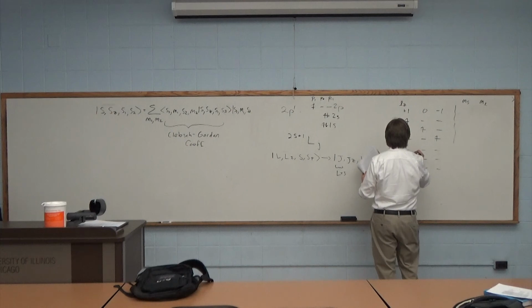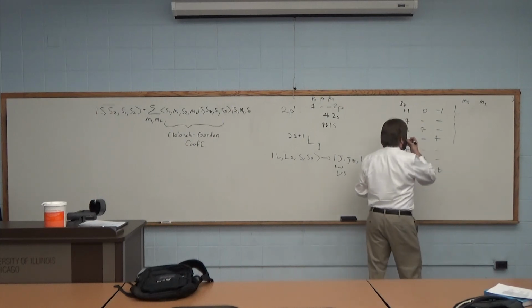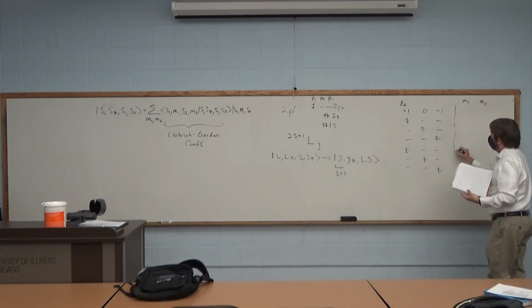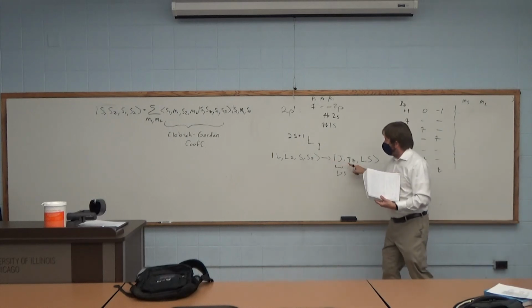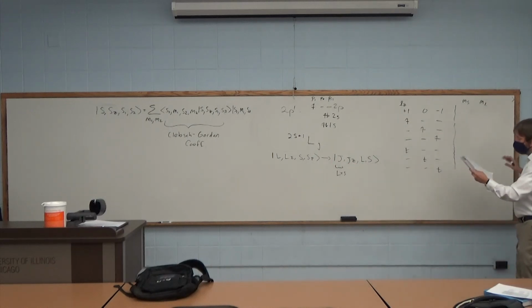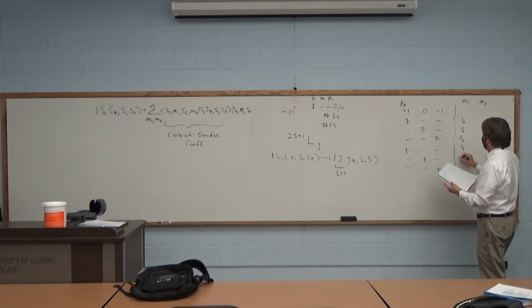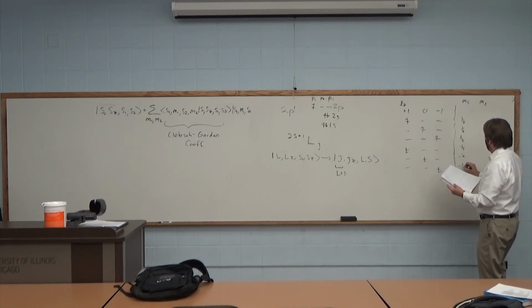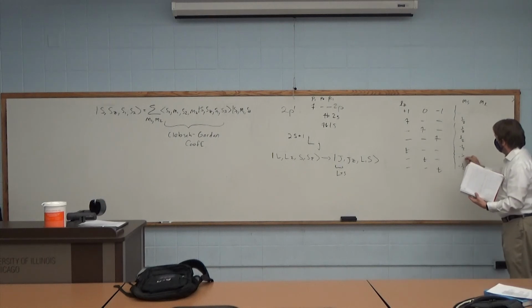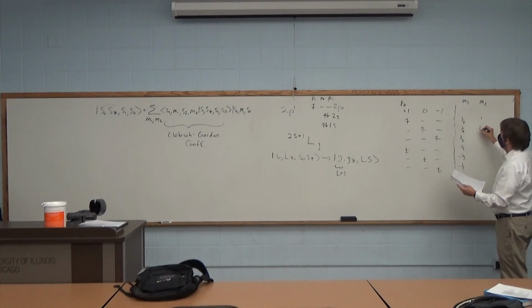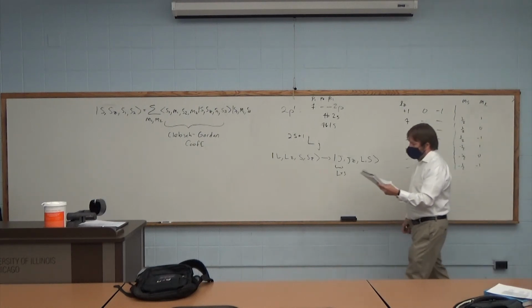You need to come up with every possible configuration when converting this to that, because that's related to your energy. So 1/2, 1/2, 1/2, minus 1/2, minus 1/2, minus 1/2, up, down, with m_l of 1, 0, minus 1, 1, 0, minus 1.